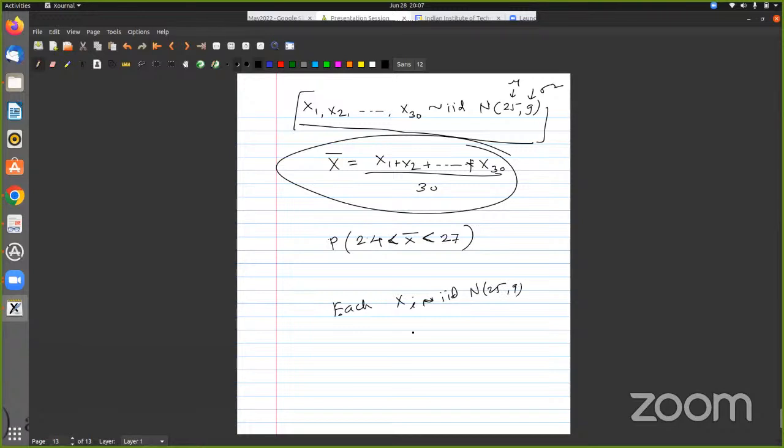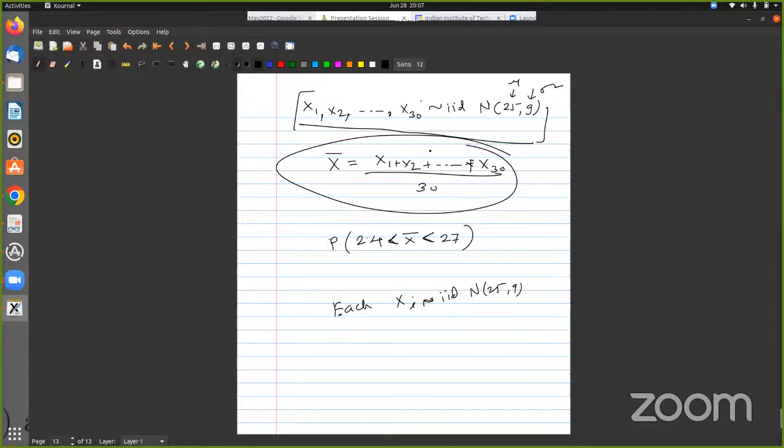But in your first line, what are you telling? Each x1, x2, up to x30 are all identically distributed samples. What is the sample size?